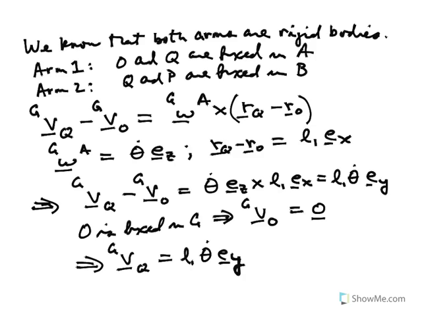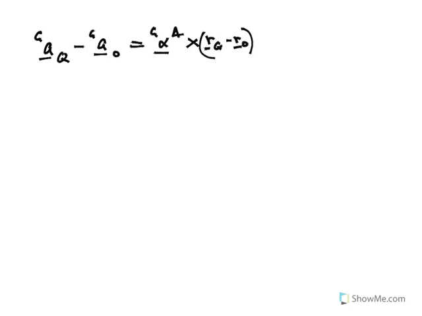Now, next we can get the acceleration. So the acceleration of point Q in G minus the acceleration of O in G is equal to the angular acceleration of A in G crossed with RQ minus RO, plus the angular velocity of A in G crossed with the angular velocity of A in G crossed with RQ minus RO.